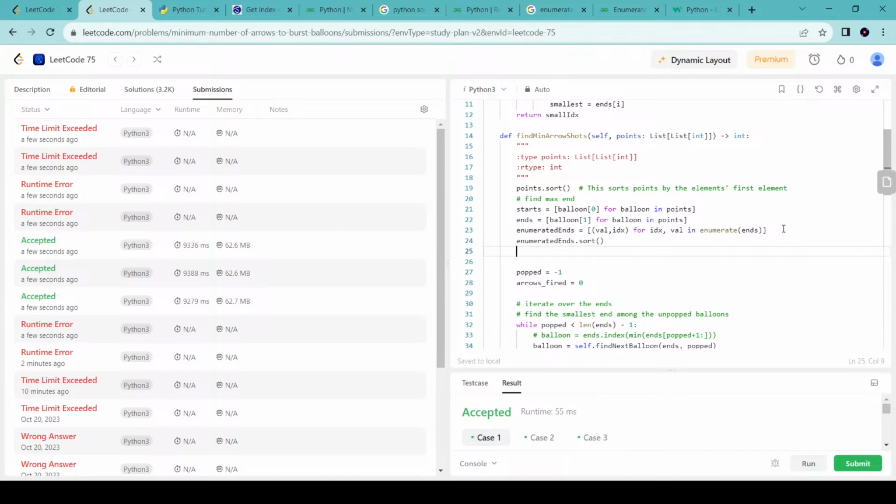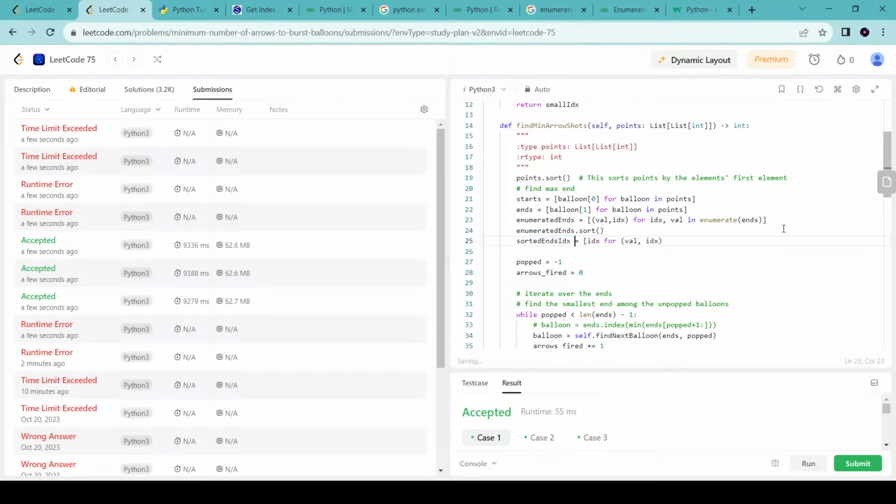Then I'll get the sorted index. Oh no, I didn't mean to submit. Now it's going to take a long time.